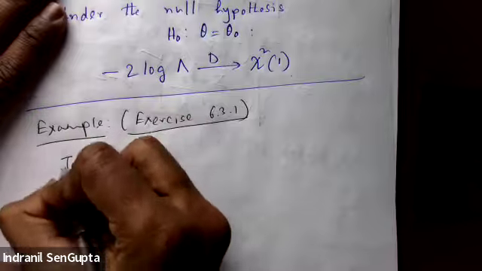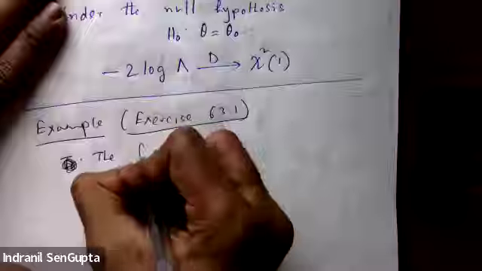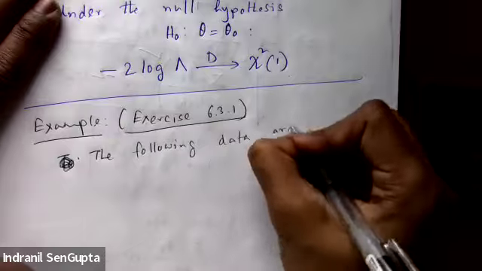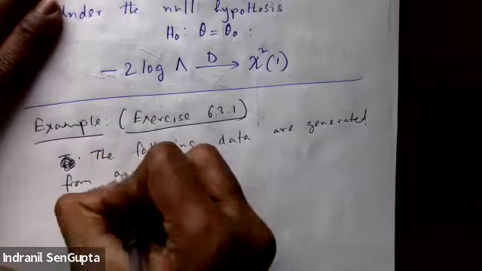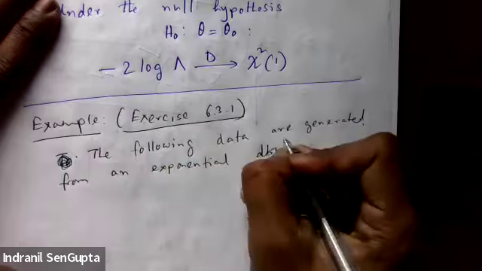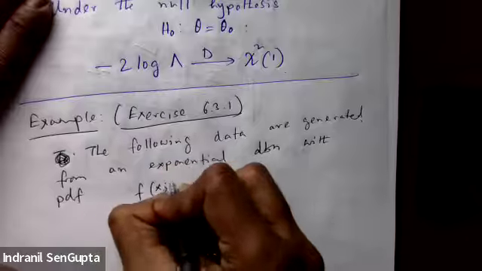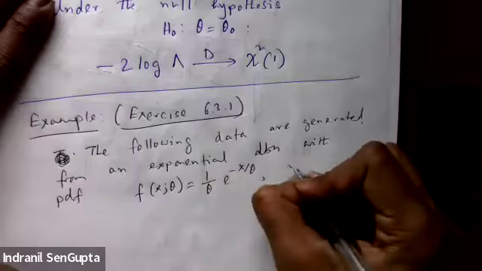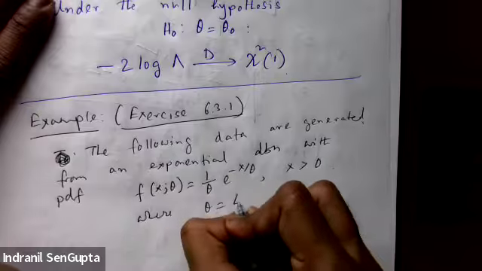Test: the following data are generated from an exponential distribution with PDF f of x theta equals 1 over theta, e to the minus x over theta, for x bigger than 0, where theta is 40.